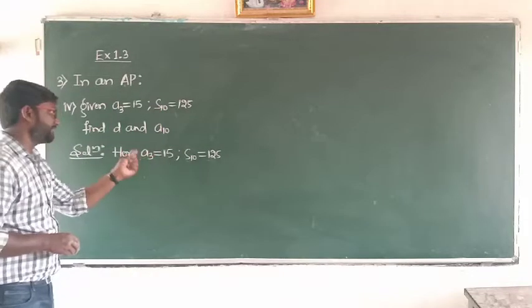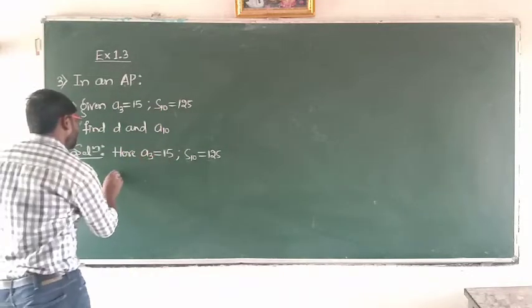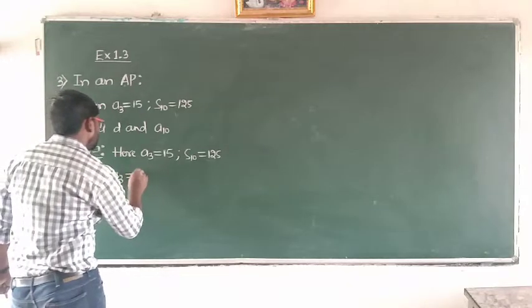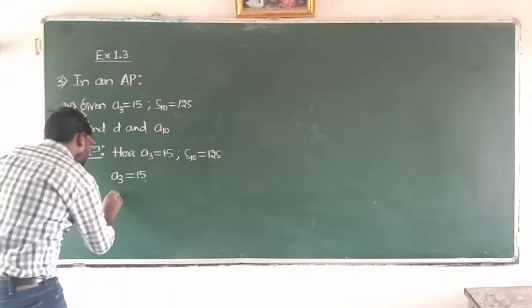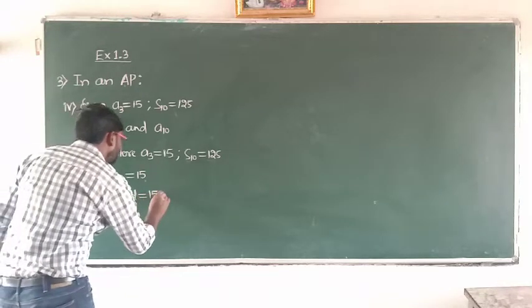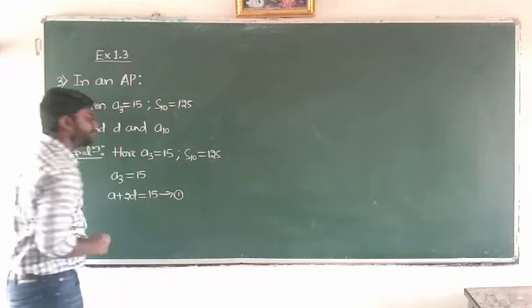First I will take up A3 equal to 15. What is A3? A plus 2D, so A plus 2D is equal to 15. I call this equation number 1.